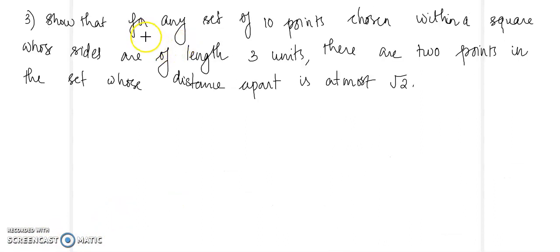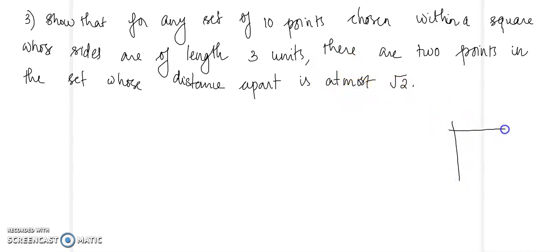Now let us look at one more problem. Show that for any set of 10 points chosen within a square whose sides are of length 3 units, there are 2 points in the set whose distance apart is at most root 2.